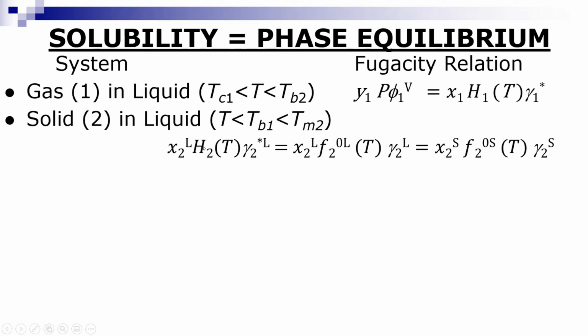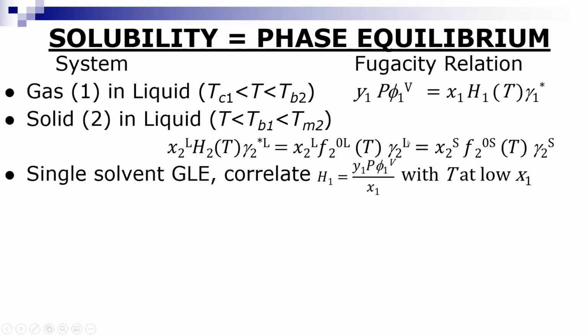You can either use Henry's law or use the solvent. And in one case, you have to have the value of the fugacity of pure liquid to pure solid. And the other, you have to have a Henry's constant. So these would be where the modeling will have to come in.